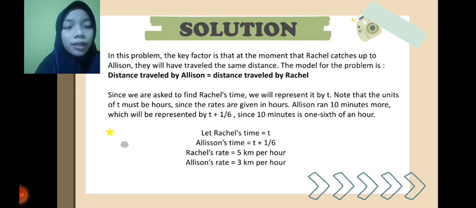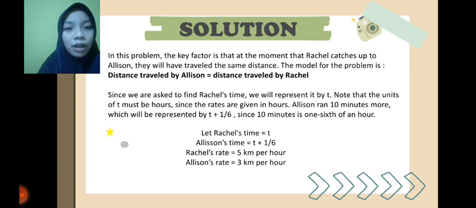Allison ran 10 minutes more, which will be represented by t plus 1 over 6, since 10 minutes is 1/6 of an hour. We let Rachel's time be t. Now Allison's time is t plus 1 over 6.